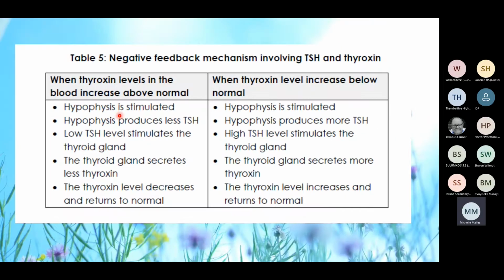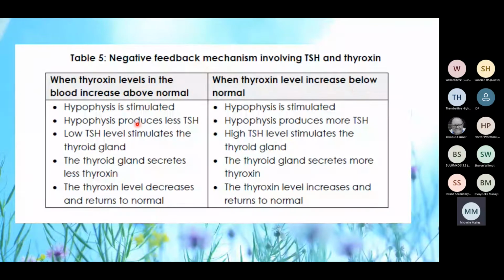So make sure when you are studying the negative feedback mechanism involving TSH and thyroxine, you note both scenarios: when thyroxine levels increase above normal or when thyroxine levels decrease below normal.